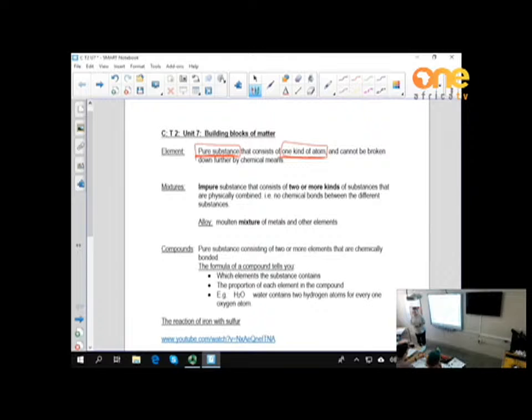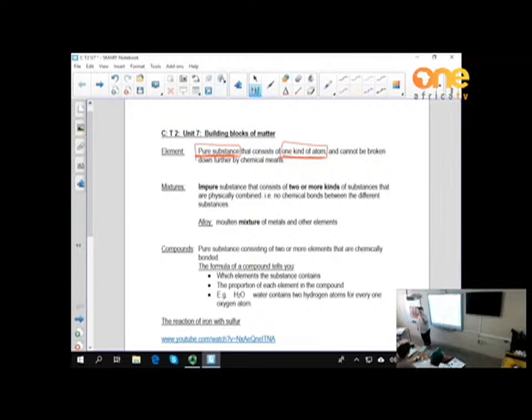If I break an atom apart, I end up with protons, neutrons, and electrons. If I broke an atom of sodium apart, and I put all the protons in a bucket, all the neutrons in a bucket, and all the electrons in a bucket, and then I took an atom of gold, broke it apart, and threw the protons into the same bucket with the other protons, the neutrons into the neutron bucket, and the electrons into the electron bucket, then if I picked up a proton from the proton bucket, I wouldn't be able to say from which element it came.